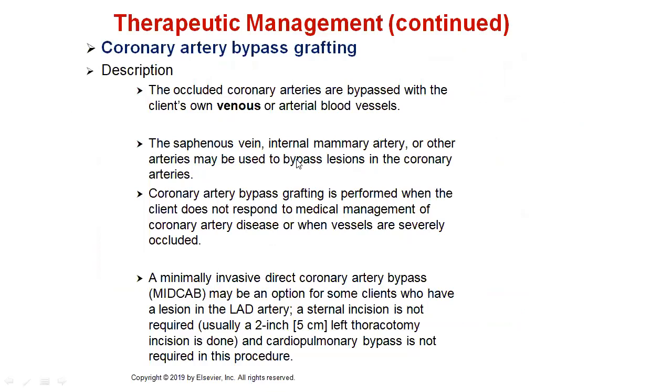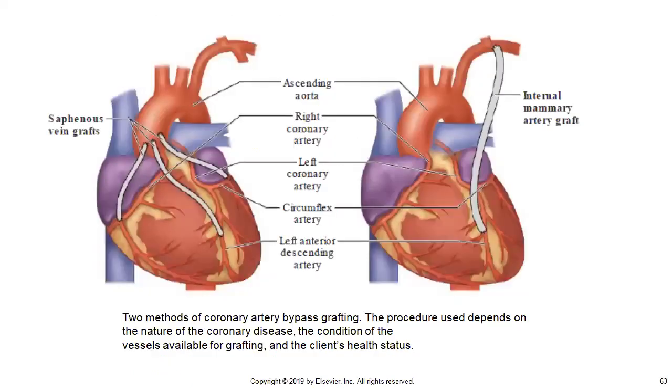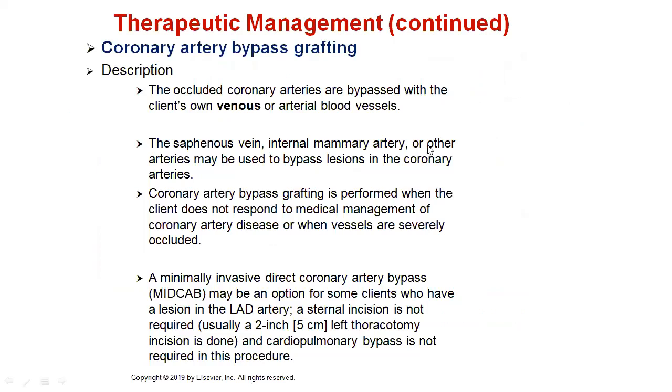So the saphenous vein is collected from the thigh, or the mammary artery is used for the bypass. Coronary artery bypass graft is performed when the client does not respond to medical treatment, right? Or if the vein is severely blocked or occluded.